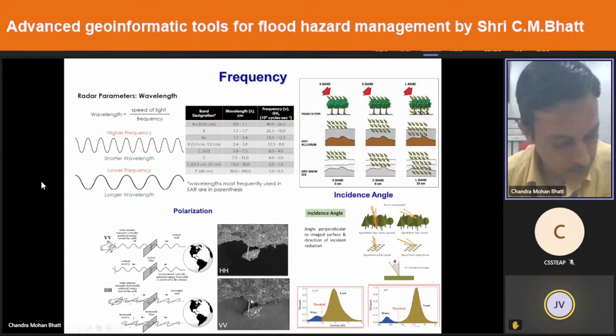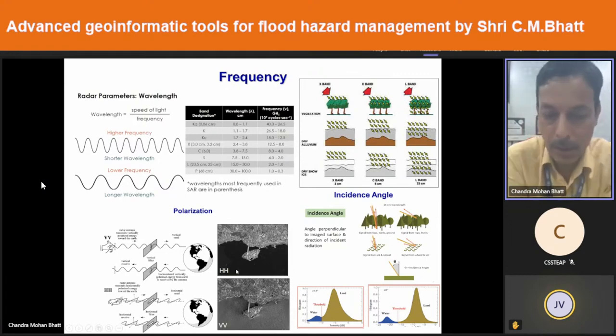Like if you are seeing the two images on the bottom left side, these both are of water only, along the coast. But in HH polarization the water is much clearer, whereas in VV the water is not so clear, because VV is more sensitive to roughness, and therefore it appears a little brighter as compared to HH.